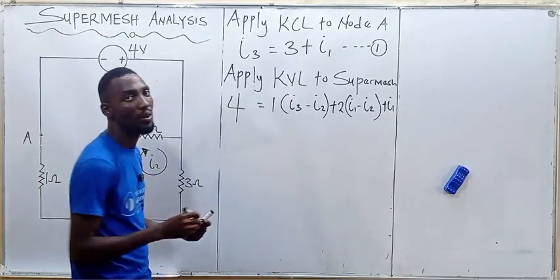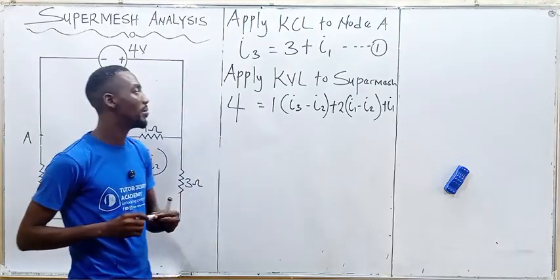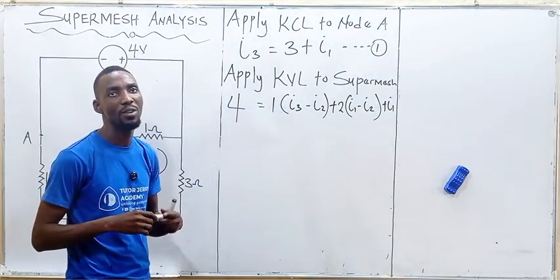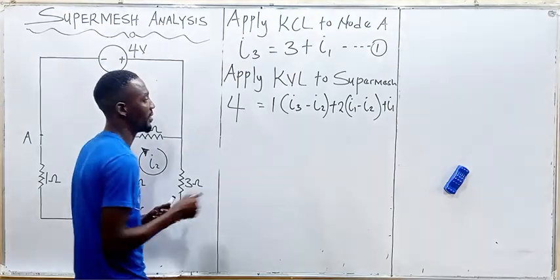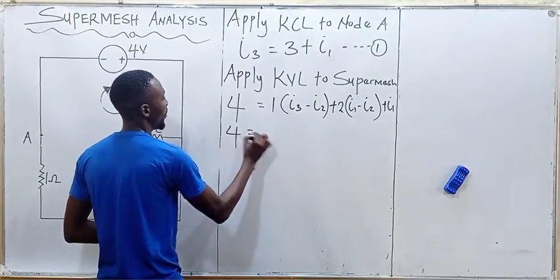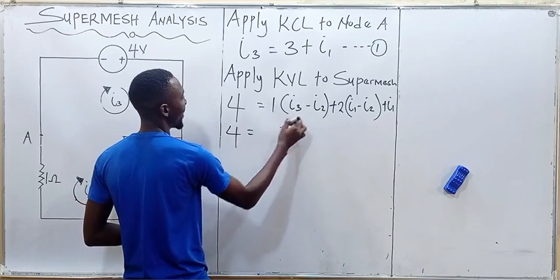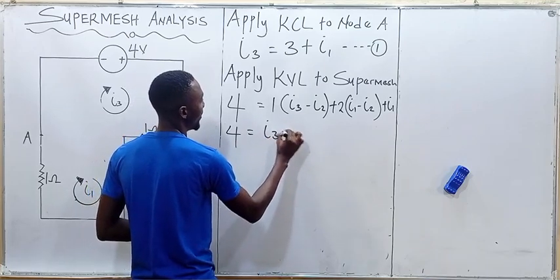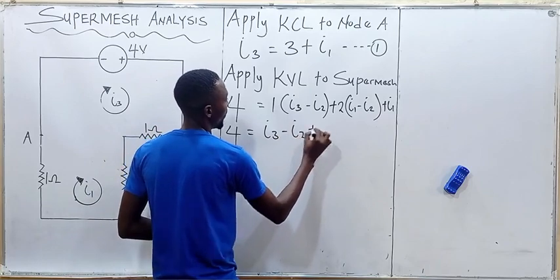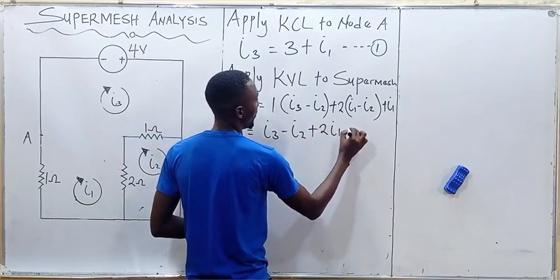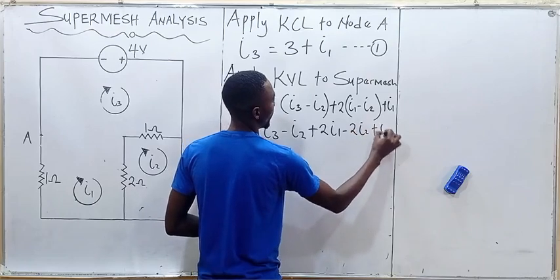If we open this bracket, 4 will be equal to 1 times I3 minus I2, plus 2I1 minus 2I2, plus I1.